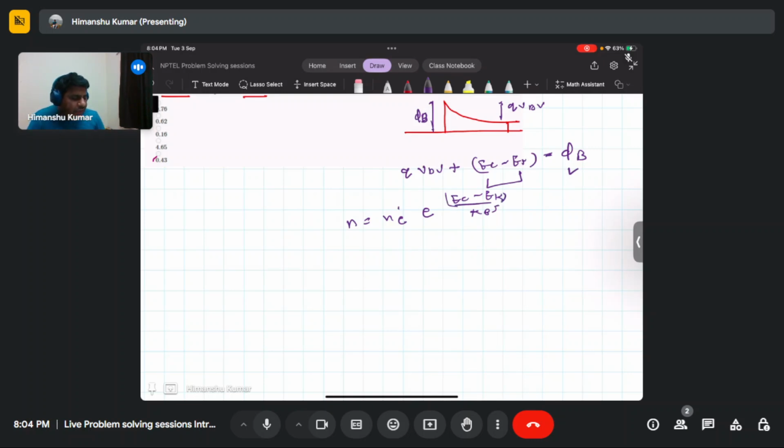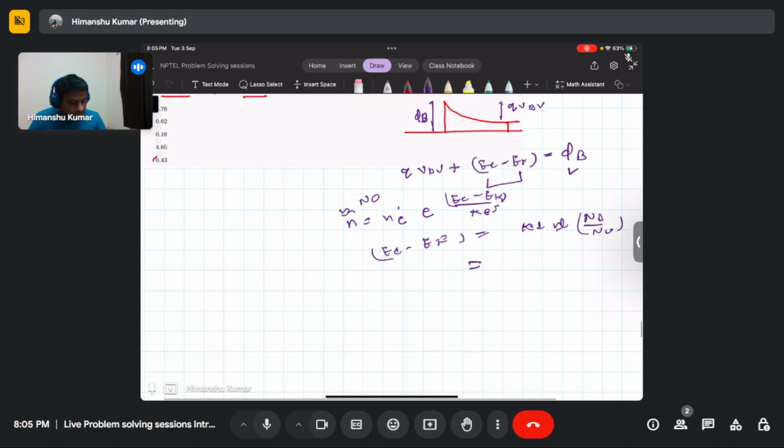If you calculate EC minus EF from this, you can take it as kT ln(ND/ni).